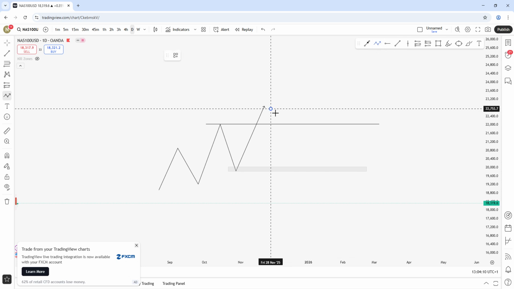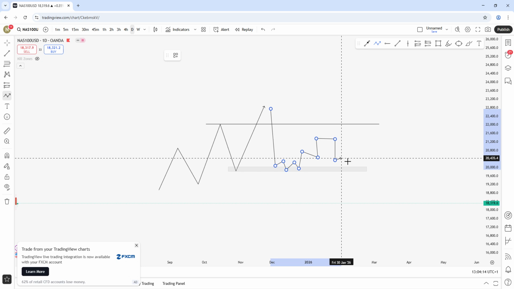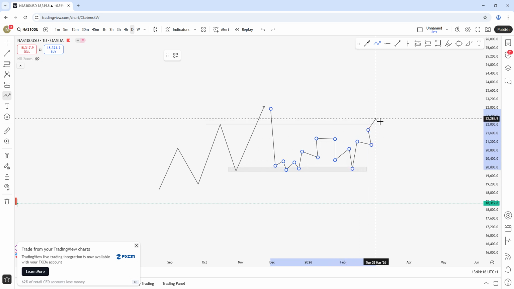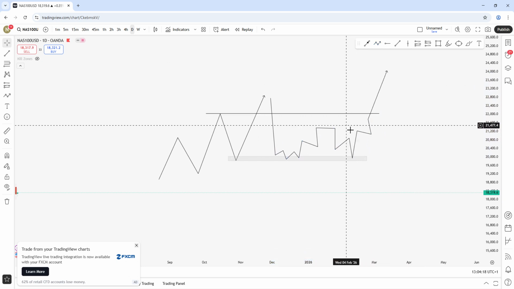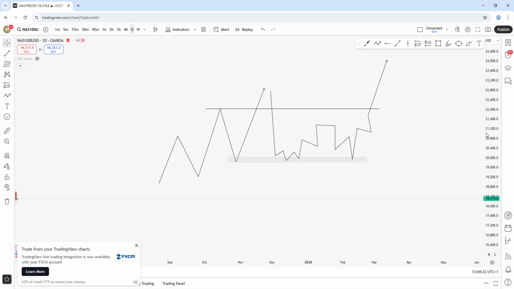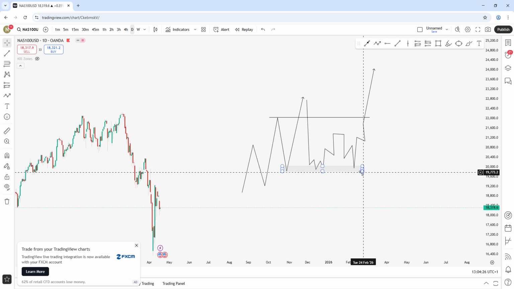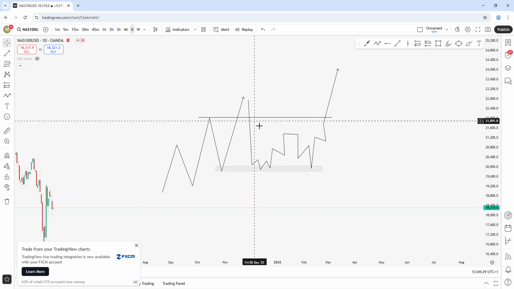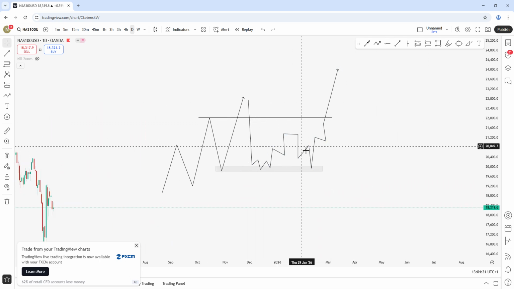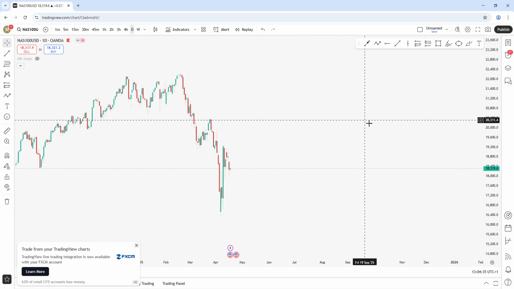You can come here, play about, even come back down here, and then start making new highs. So this is not a retest technical analysis.